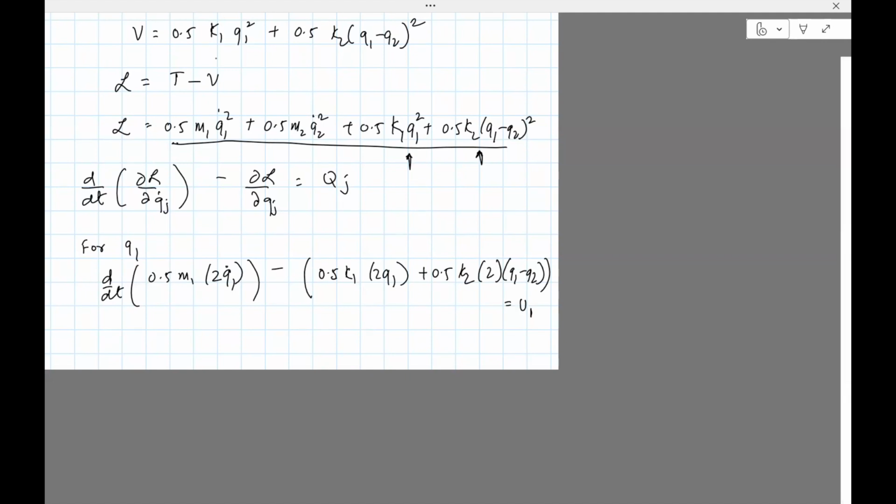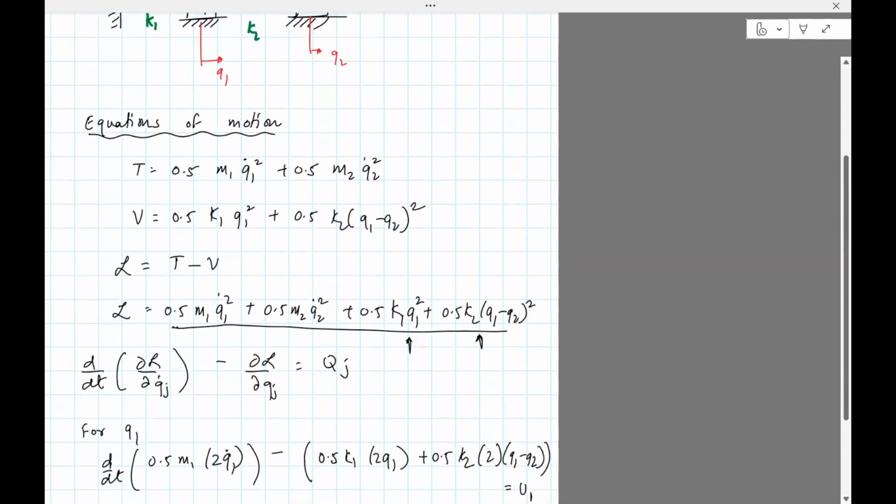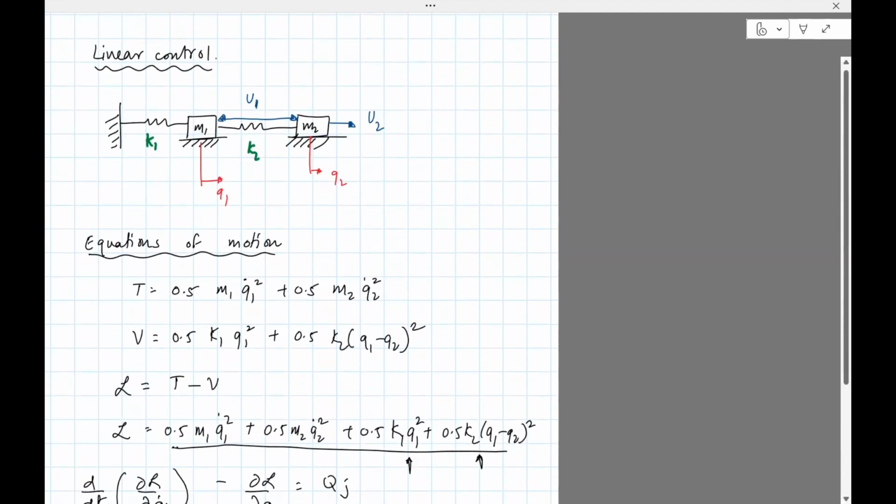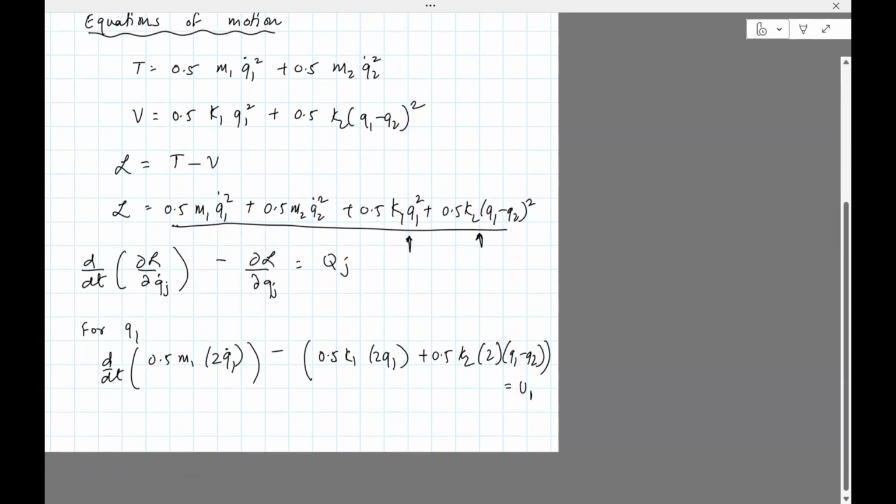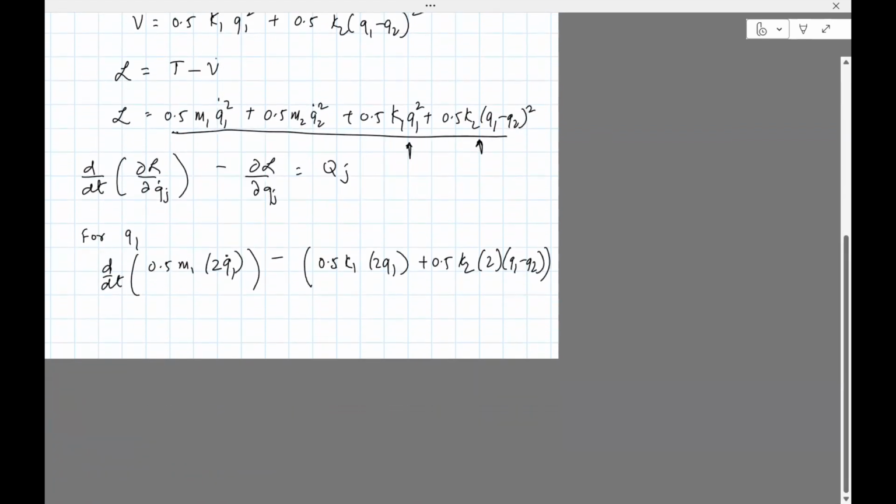Is that right? Okay, U1 acts, so this is my positive direction. Since U1 acts on M1, it acts in the negative direction, I need to put minus U1 here. Minus U1.